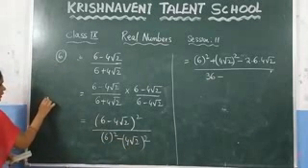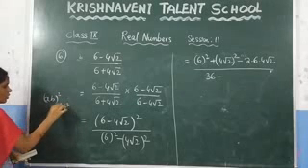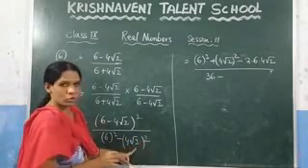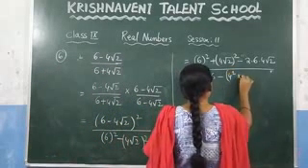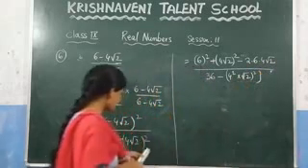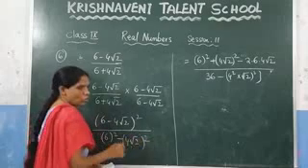You know that ab whole square is nothing but a square b square. So by this you can write 4 square into root 2 whole square, because this square is applicable to both of the numbers.